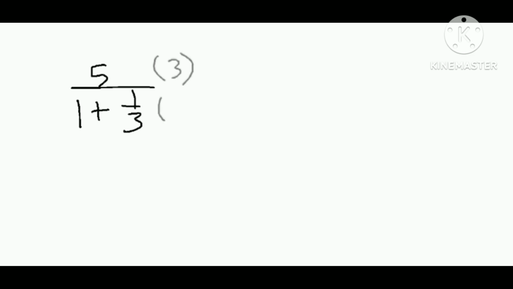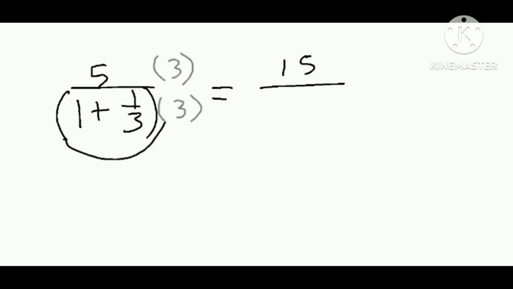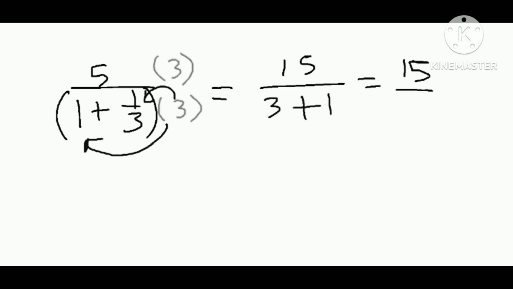Therefore, multiply top and bottom by 3. So 5 times 3 is 15. On the bottom, we're going to distribute the 3. So 3 times 1 is simply 3. And 3 times 1/3, the 3's cancel, and you're just left with 1. 3 plus 1 is 4. So it's 15 over 4.